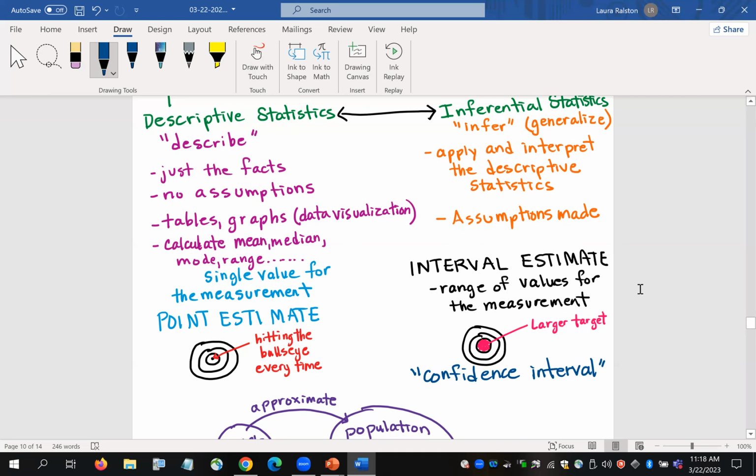So that's where we're going to shift our focus from thinking about just an individual single value point estimate for our mean, median, mode, whatever, to thinking about an interval estimate. So I want to talk a little bit about this confidence interval.